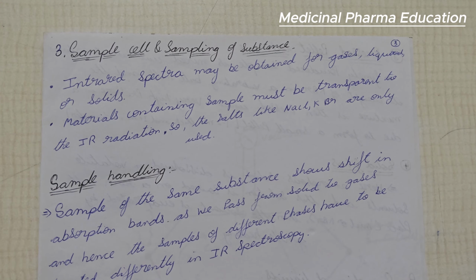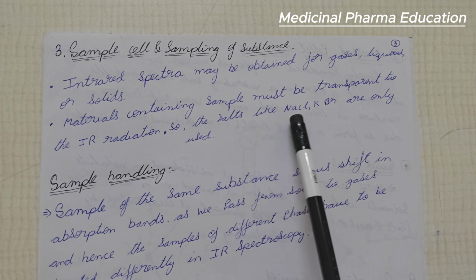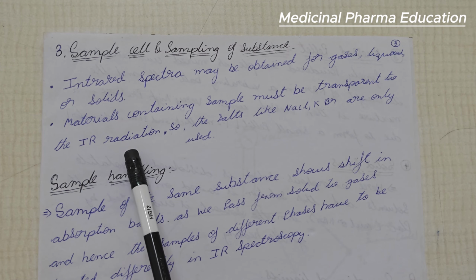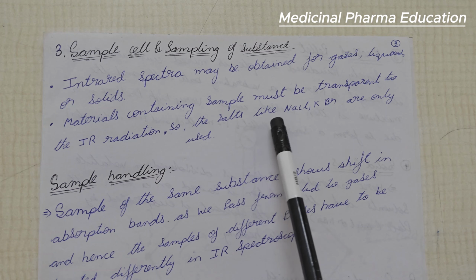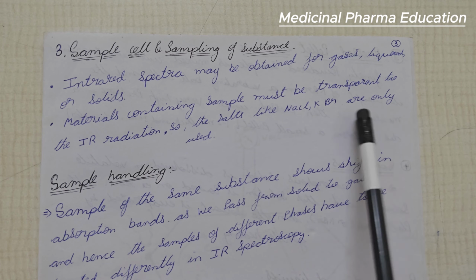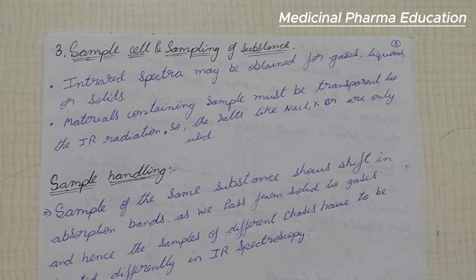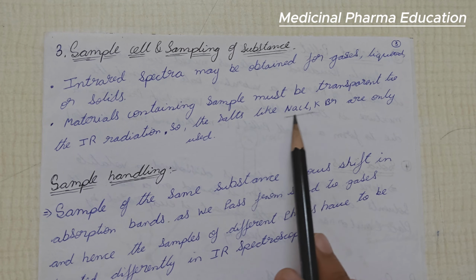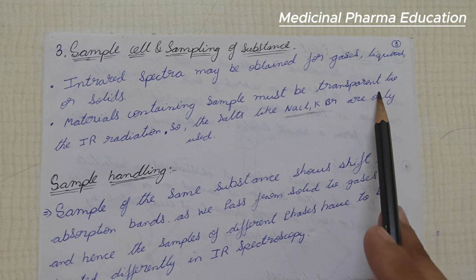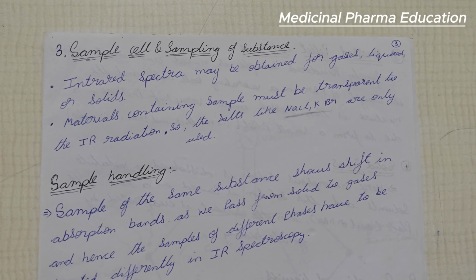The material holding the sample should be transparent to the IR radiation, so salts like NaCl and KCl are used. The cuvette is made of NaCl or KCl because they are transparent and do not absorb the IR radiation.